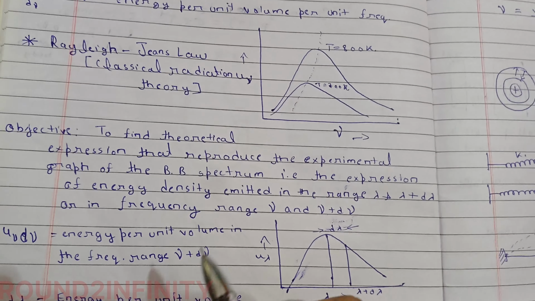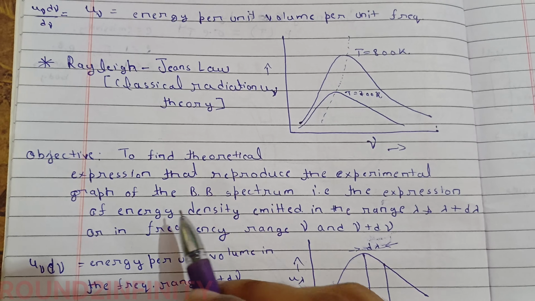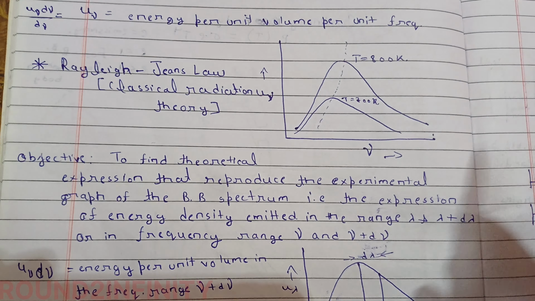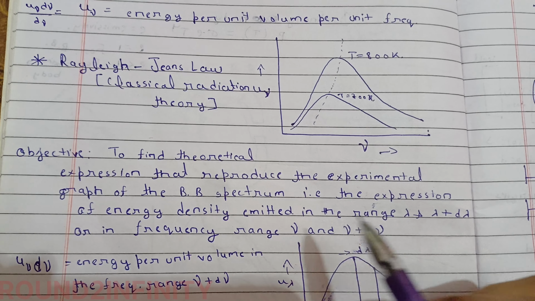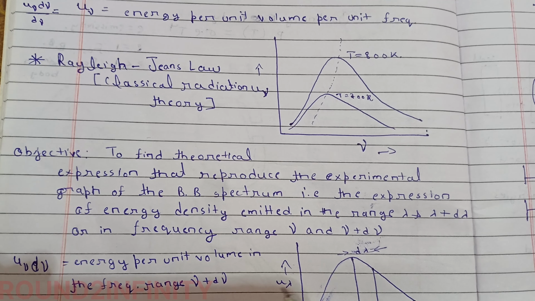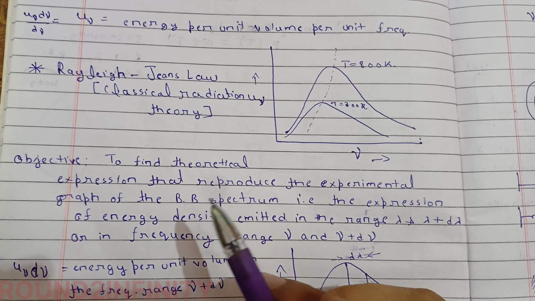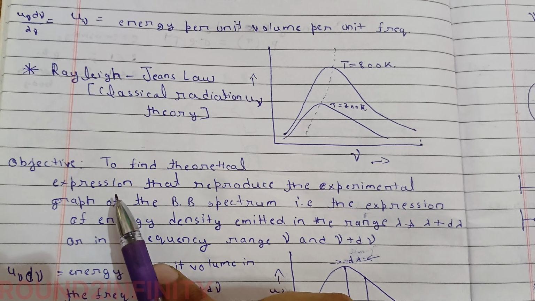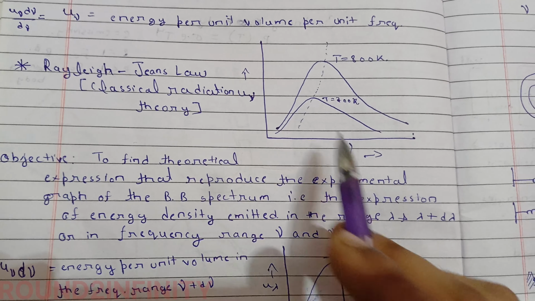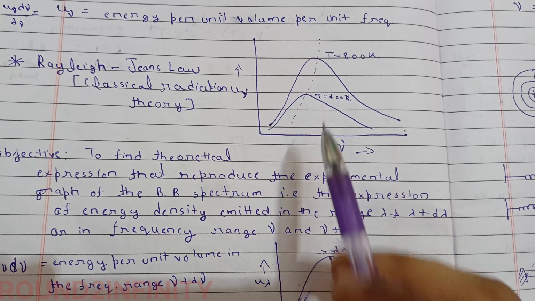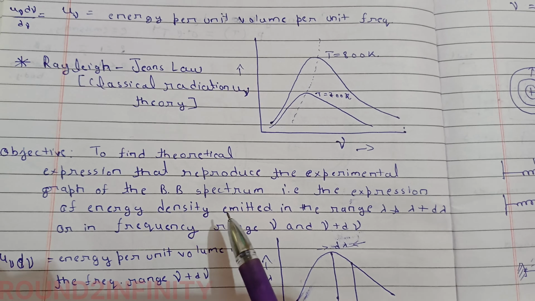What is the objective here? To find a theoretical expression that reproduces the experimental graph of the black body radiation spectrum, that is, the expression of energy density emitted in the range lambda to lambda plus d lambda, or in the frequency range nu to nu plus d nu. Whatever we get here, the mathematical expression should match that graph between nu and nu plus d nu.